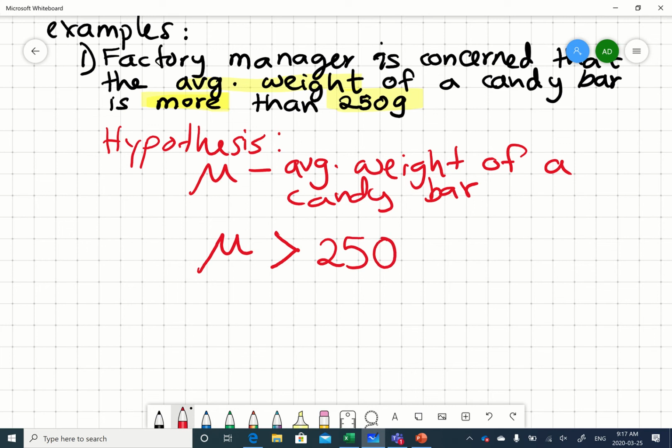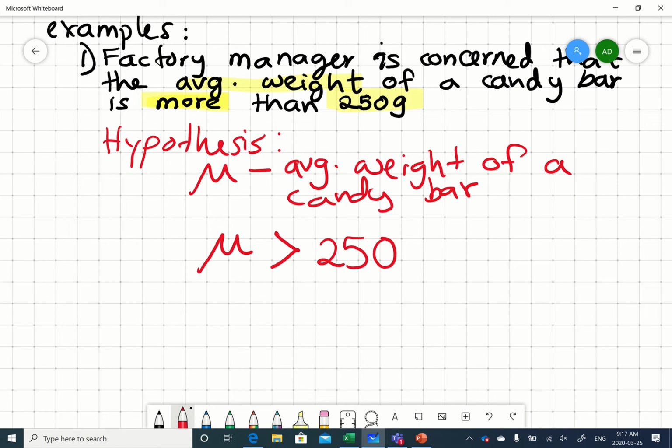What the hypothesis test is going to do is collect a sample, study the sample, and then see if this is a valid concern. So we are going to answer the manager. We are going to run the test and say, okay, you don't need to worry. This is not a valid concern. According to our hypothesis test, the average weight is not actually more than 250, so don't worry about it.